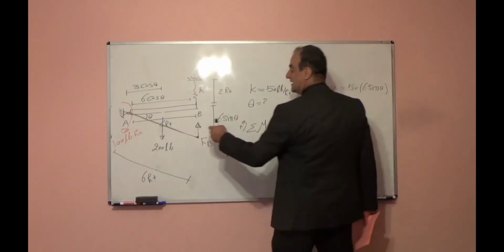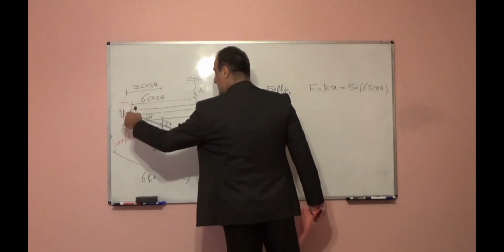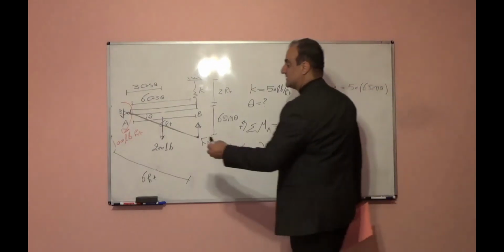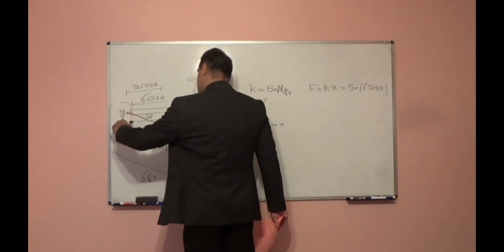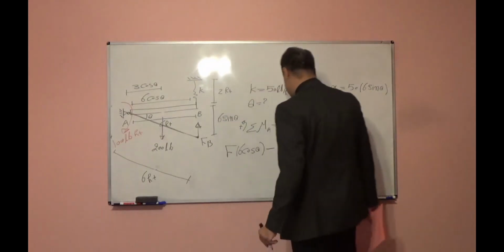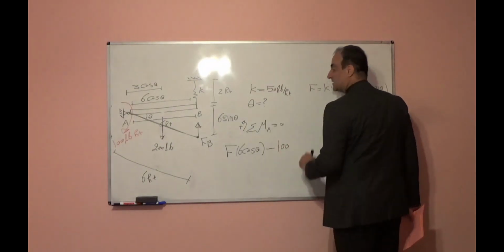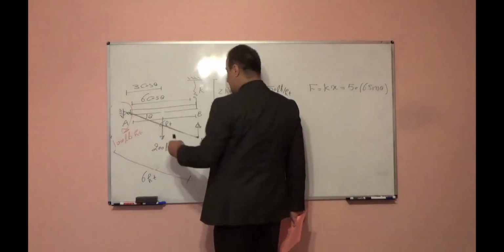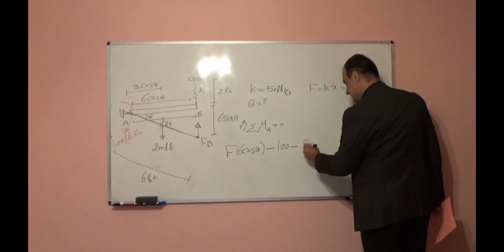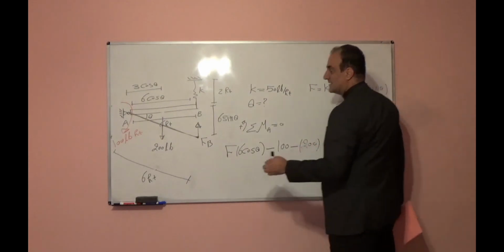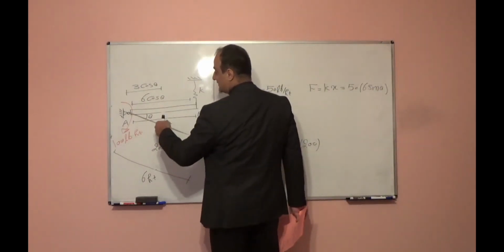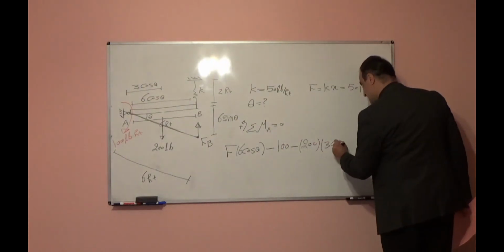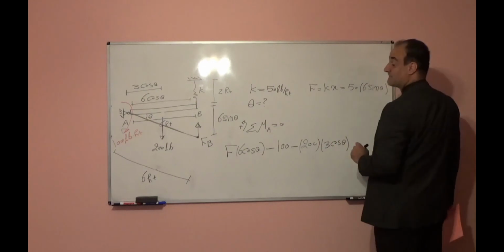It wants to rotate this beam with respect to point A counterclockwise, so positive, minus this 100, the external moment I apply, which is in clockwise direction, so negative 100 pound-feet, minus weight 200 times distance, again the distance perpendicular to the weight direction, so it is 3 cosine theta.